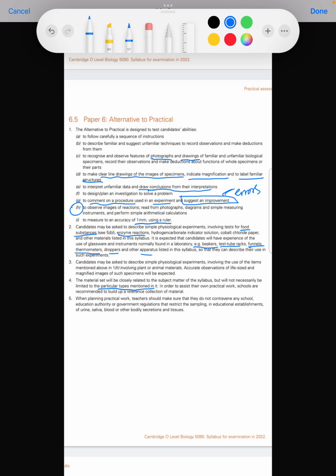Now, the main thing is that to actually prepare for alternative to practical, I recommend practicing basically all the past papers, and like you have actually seen in your physics alternative to practical paper, you actually do not need to have much theoretical knowledge.